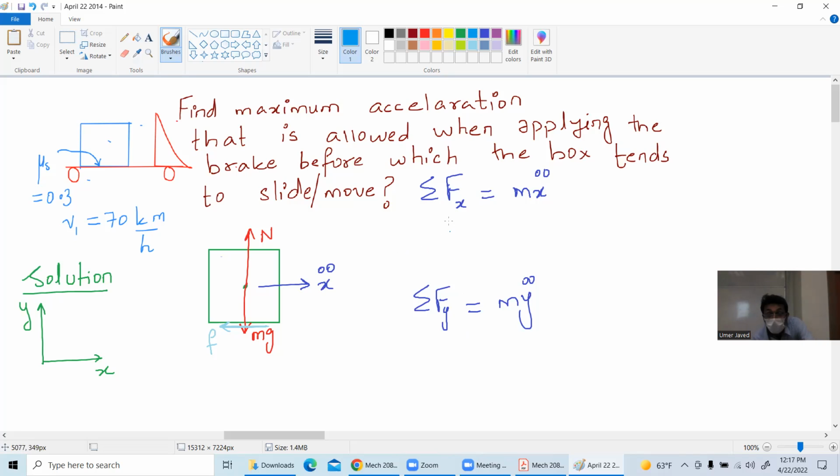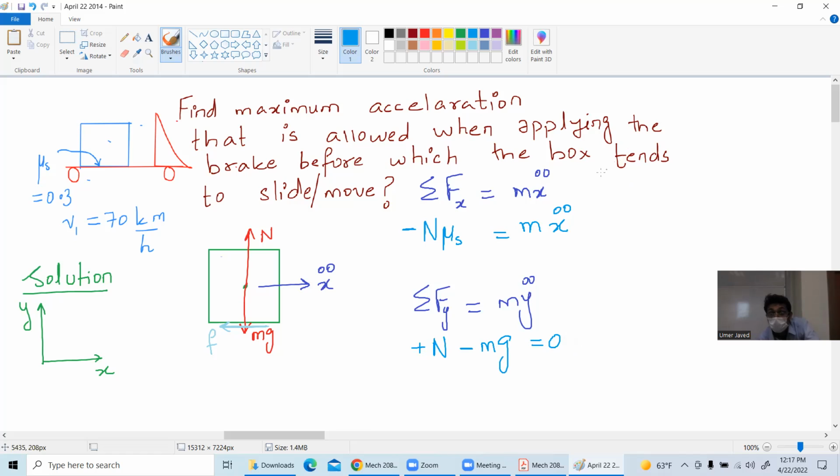Let's do it together. So we have summation of forces in the X direction: minus N mu s equal to m x double dot. For the Y direction, it is positive N minus mg equal to 0, because this whole thing is not going in the Y direction.